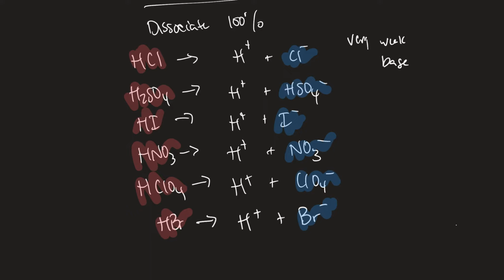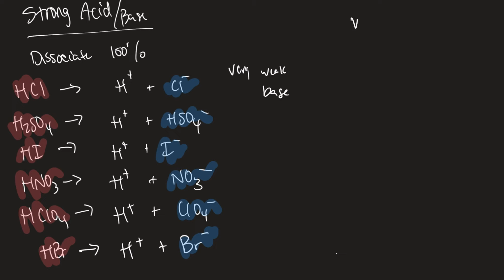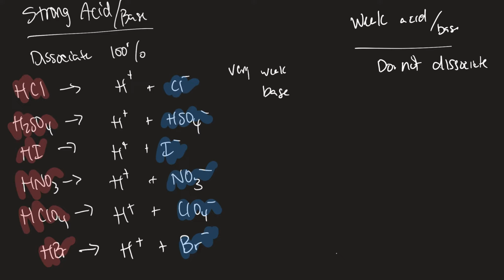In the case of an acid, it wants to give up its hydrogen very easily. While with a weak acid or weak base, we're talking about something that does not dissociate 100%. In terms of an acid, that means that substance won't really release or ionize its hydrogen as easily.